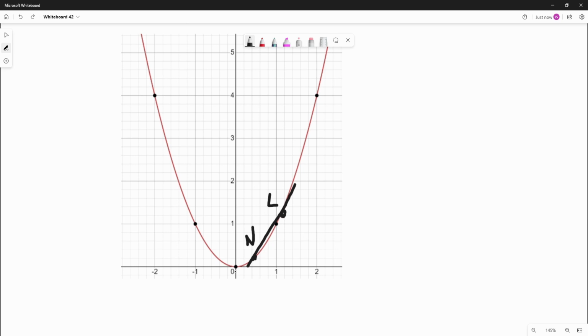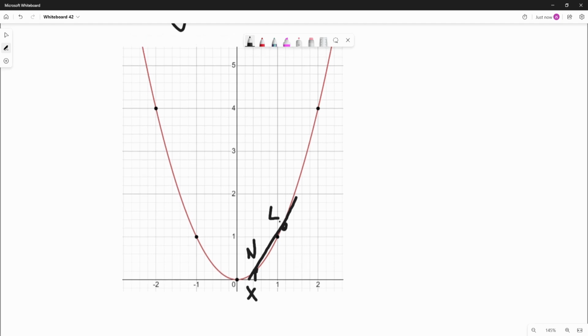N is at a point x, and if you move L a bit closer, your line starts to become more accurate, so your gradient starts to become more accurate. If you move it even closer, your line will get closer and closer, and the gradient will become more and more accurate.